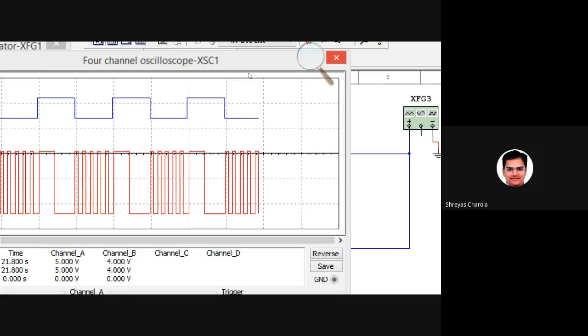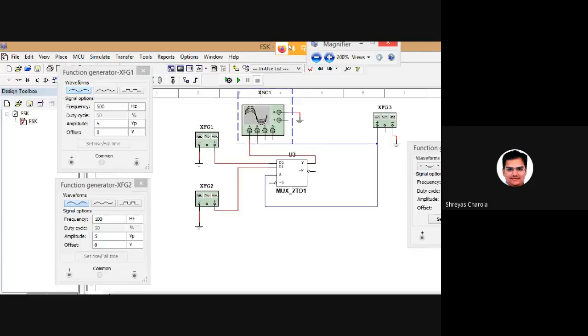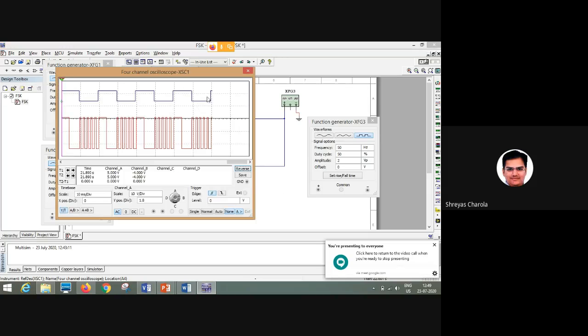Should I open the circuit for you? So this is the circuit and this is the output you are getting.